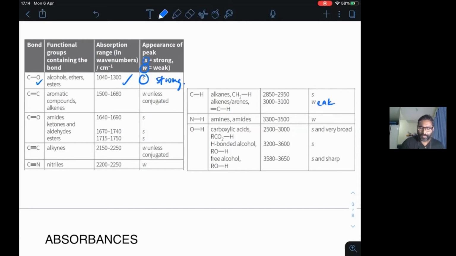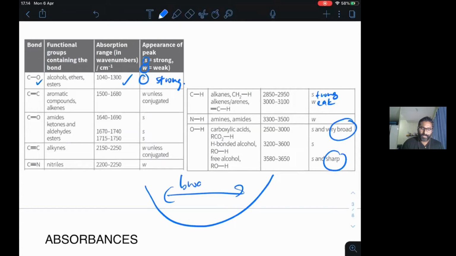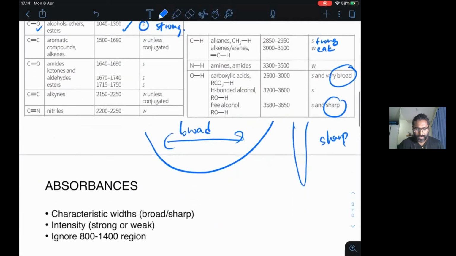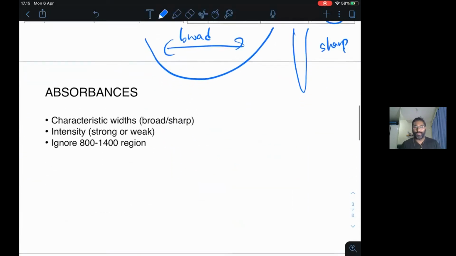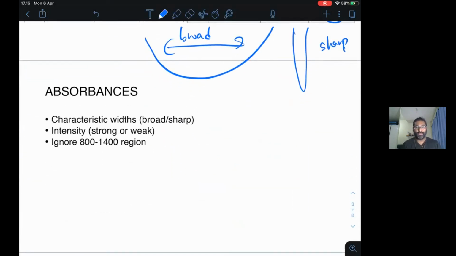We also have certain terms called sharp and broad. This is broad. Sharp is something like this. Later I'll show you some of the graphs that you will get, but I'll just go through it here.